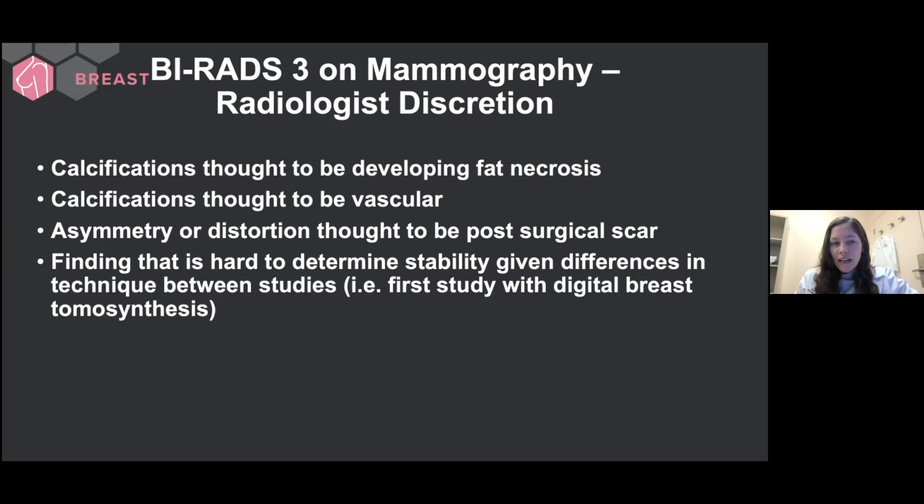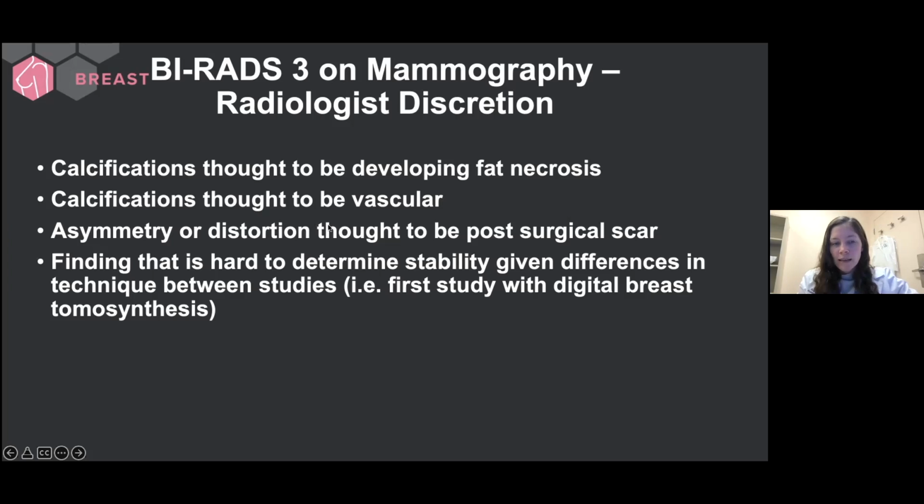Second is calcifications that are thought to be vascular. On the full diagnostic workup, you think they're probably vascular, but you can't tell with 100% certainty. Hopefully in 6 months that will declare itself and you'd be able to better determine that those are for sure vascular calcifications and not linear suspicious calcifications.